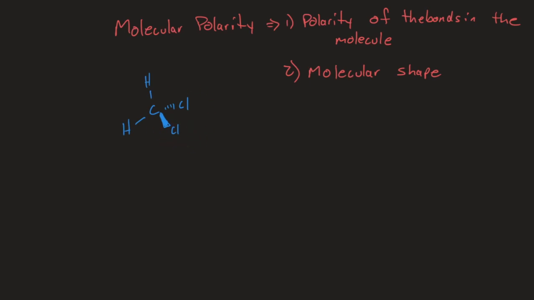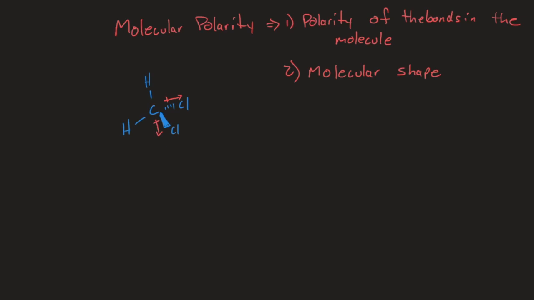If I want to think about the molecular polarity, I'm first going to consider the polarity of the bonds involved. And remember that CH bonds we just said were nonpolar, but these CCl bonds are polar. And they're polarized towards the chlorine as shown using those arrows. So that's the polarity of the individual bonds.